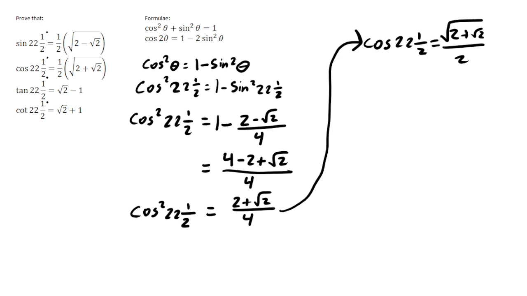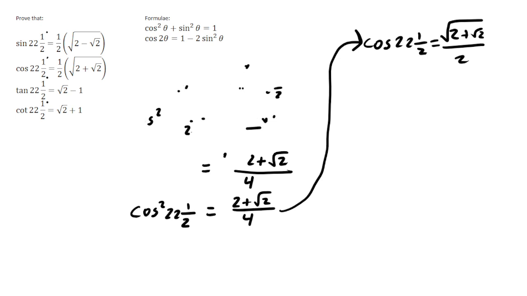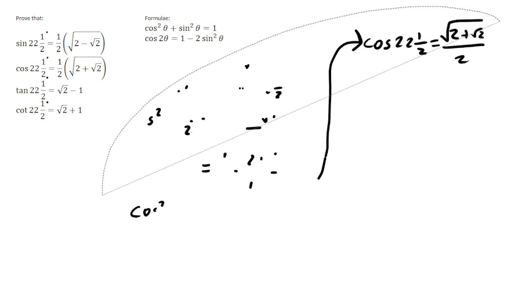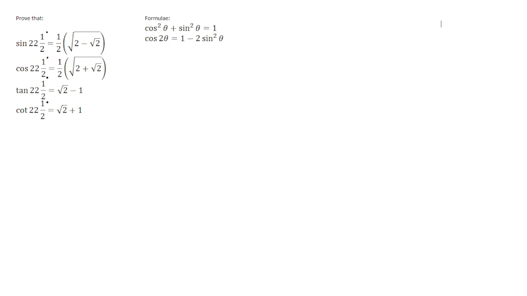Now we'll move on to tan. So we know that tan theta is equal to sine theta divided by cos theta, right?